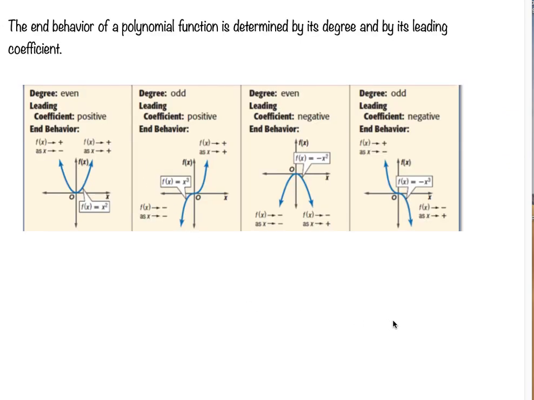So let's look at some end behavior of polynomial functions. And those are determined by its degree, so that's the highest power of x, and by its leading coefficient, and that's always in front of the highest power of x. So if you look at our first example there, we just have a nice quadratic.